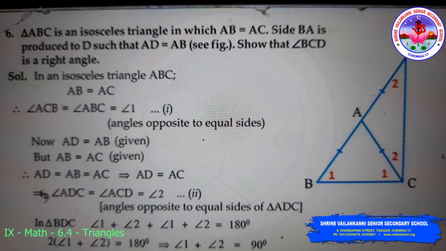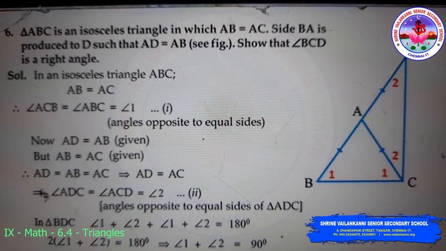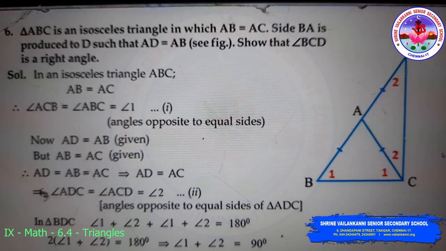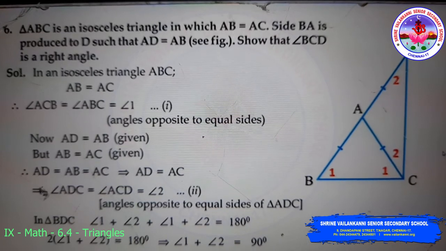So we have 2 times angle 1 plus 2 times angle 2 equal to 180 degrees. Taking 2 common outside, I get 2 times (angle 1 plus angle 2) is equal to 180 degrees, which implies angle 1 plus angle 2 is equal to 90 degrees.